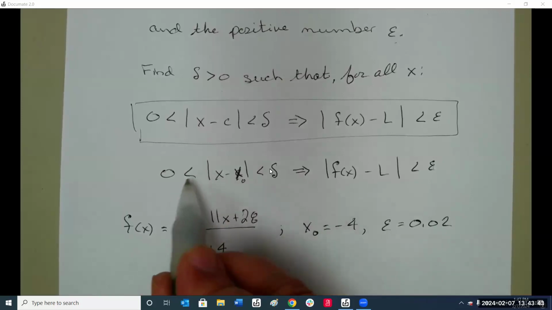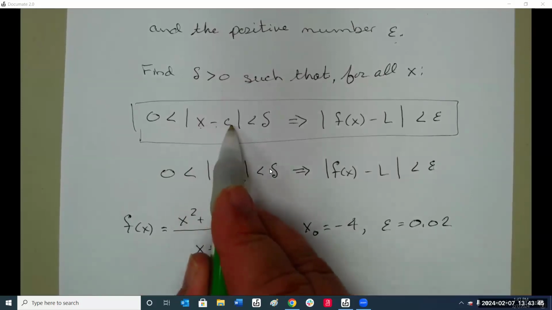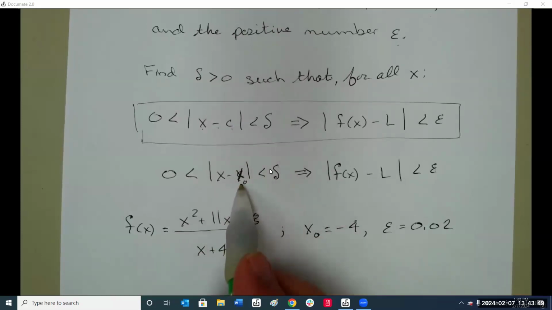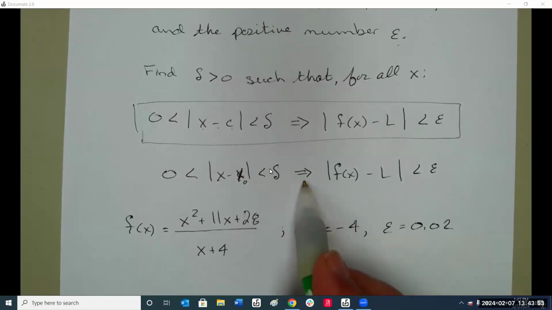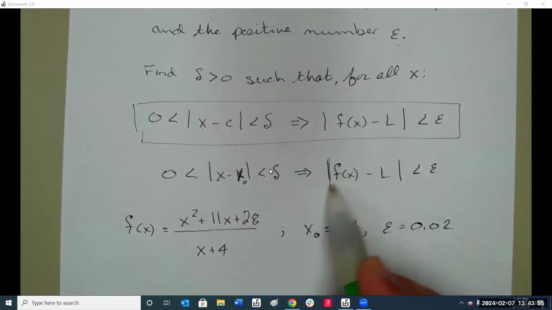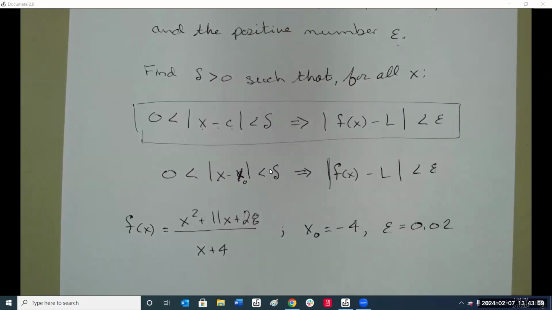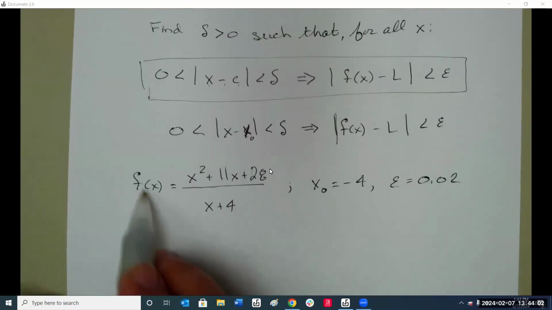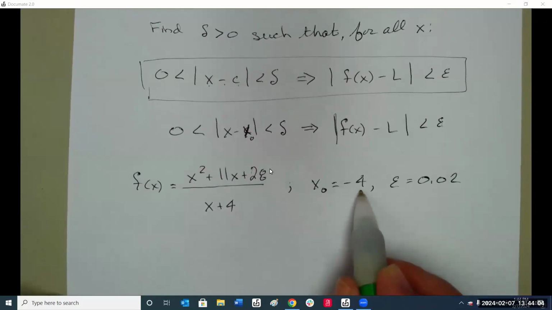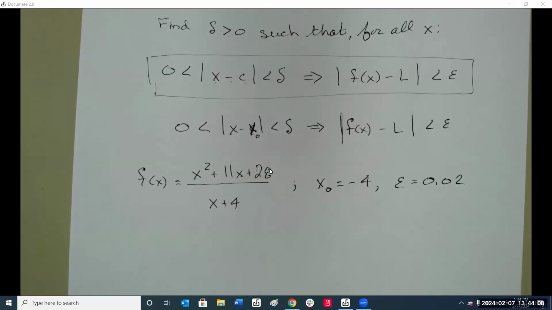So what we're looking at is x minus c, the limit point we're reaching. So 0 less than |x minus x sub 0| less than delta implies that the absolute value of f of x minus L is less than epsilon. Given this is our function, this is x sub 0, and this is our epsilon.